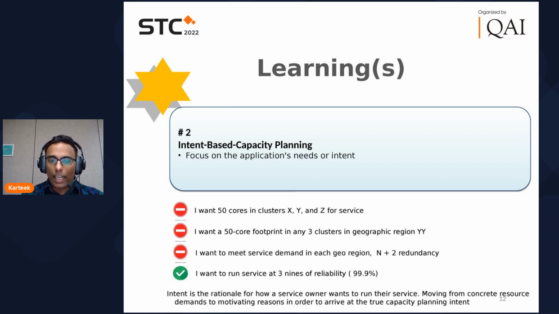This is again a static way of doing it. I want to meet the service demand in each geo with n plus 2 redundancy. I am again defining it in a traditional manner. But when I say I want to run my service at three nines of availability, now whatever is required to help my service run at three nines of availability, I need to encourage and have that capacity ready, even if it is required to make it available during the runtime.